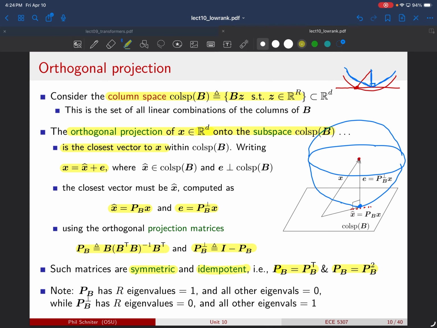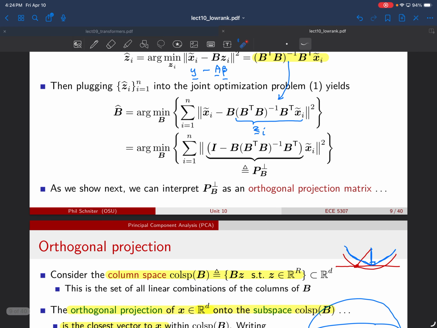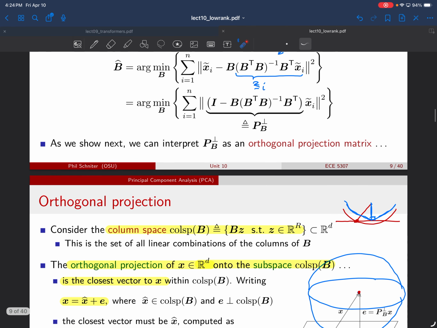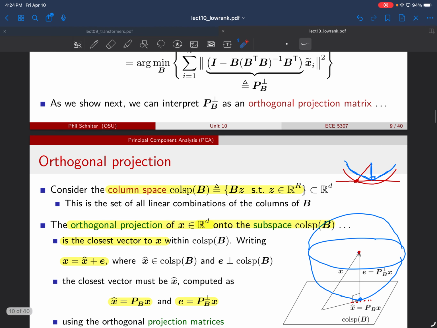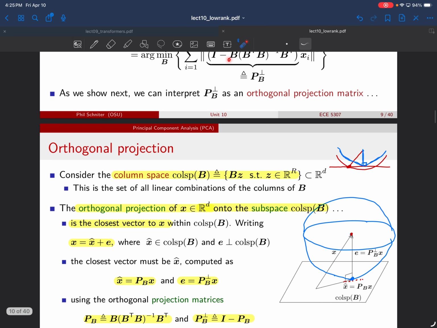So this PB orthogonal, the error, it's the same as we defined before, the I minus this. Yeah, exactly. So this part is PB, and then the I minus that is PB perp. And the small e is all of this multiplied by x.